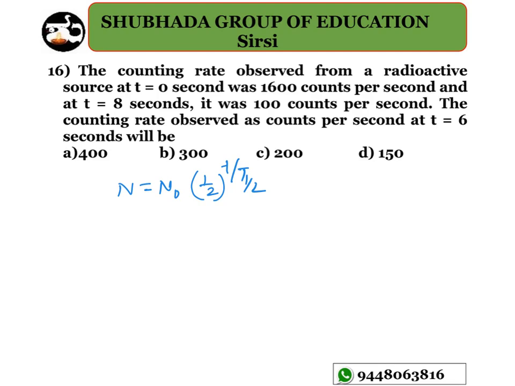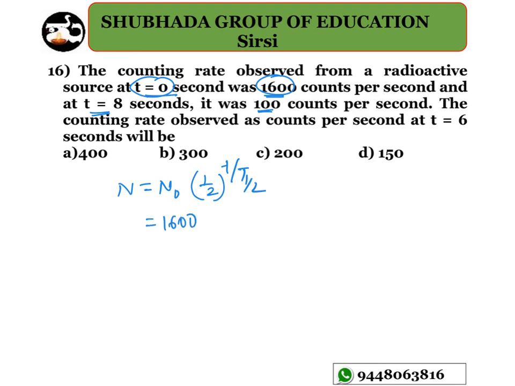Okay, so as you know, 100 counts, right? The counting rate observed at t equal to 0 seconds was 1600 counts per second, and at t equal to 8 seconds it was 100 counts per second, correct? Let me take t equal to 8 seconds. Initially it was 1600, right?